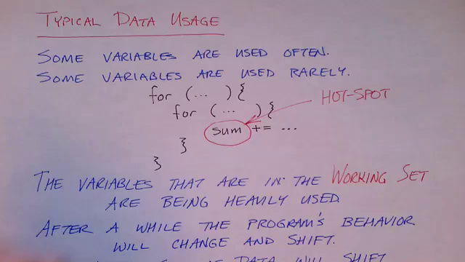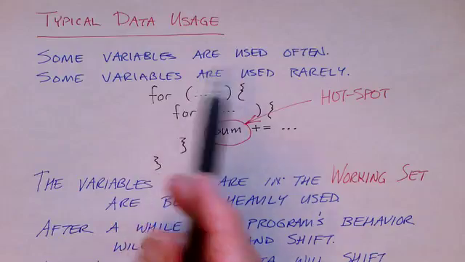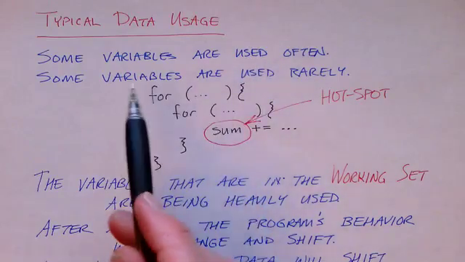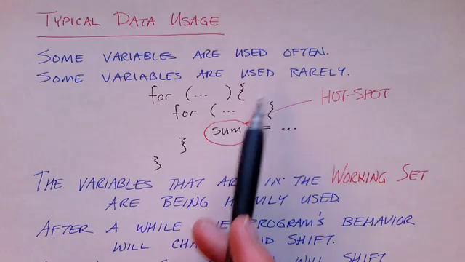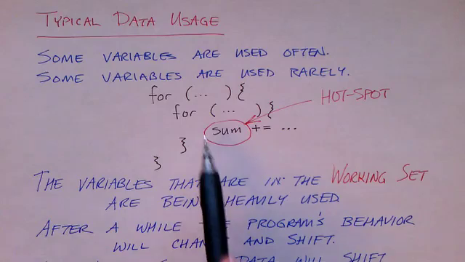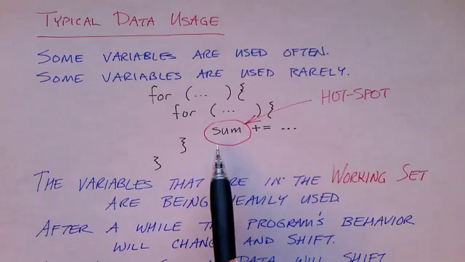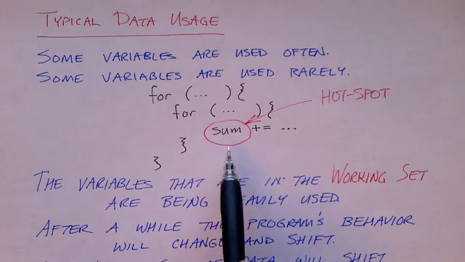The same is true of data. Some variables are used often and a lot, and other variables are used very rarely. So at one particular moment in time, a program will tend to access a small number of variables a lot, and it will tend to ignore most of the other variables.